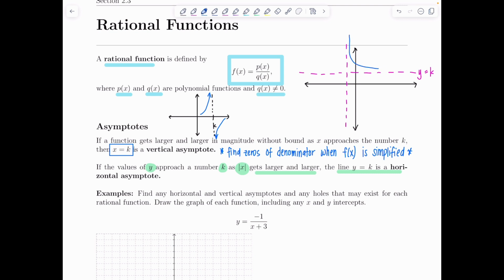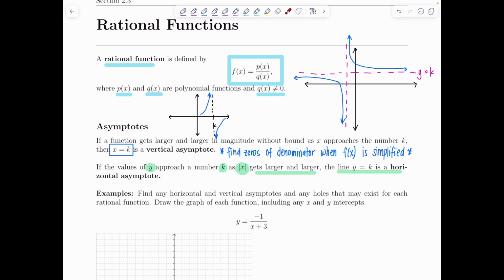It'll level off and approach k on this side, and then maybe over here, it's approaching k from the other side. Okay, so what is important to notice is the horizontal asymptote describes what we call the end behavior of the graph. So as you get really, really far along the x-axis, as x values get very, very large, the function levels off and it approaches the horizontal asymptote. And it approaches, same thing here, if x goes to negative infinity.